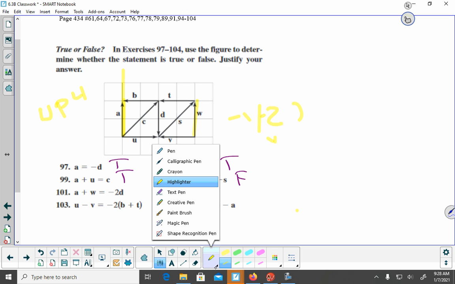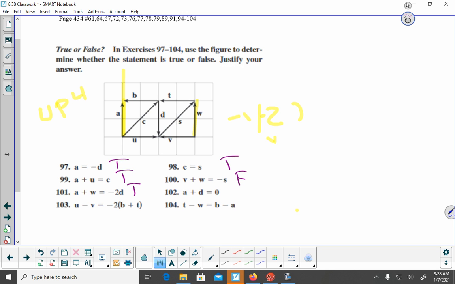So that is true. A plus D. So A is going up 2 units, and D is going down 2 units. So if I go up 2 units and then down 2 units, I'm going to end up at 0. So that is true. I would have no change.